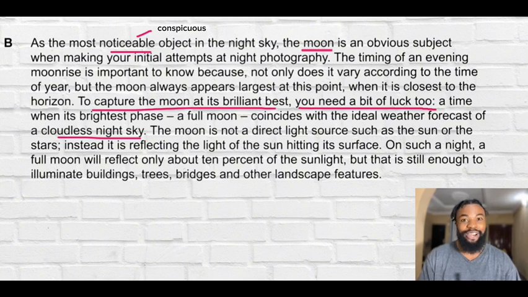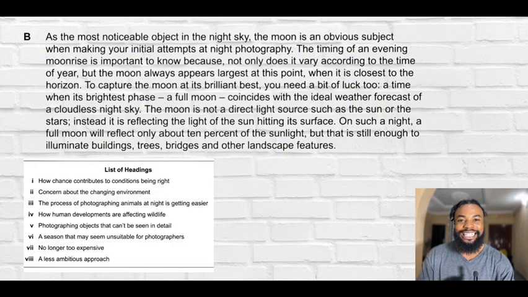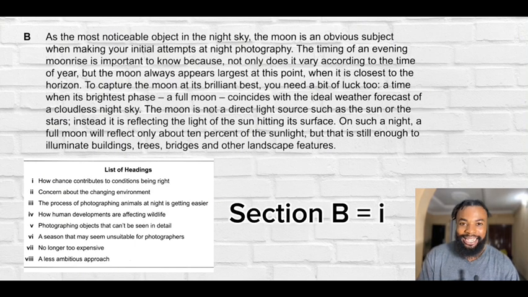You must be really lucky. And that's what it says there before it continues to talk about the moon not having a light of itself and only reflecting 10% of the light of the sun. So if you check through the headings, the appropriate heading here is heading I, which says how chance contributes to conditions being right. What is chance?